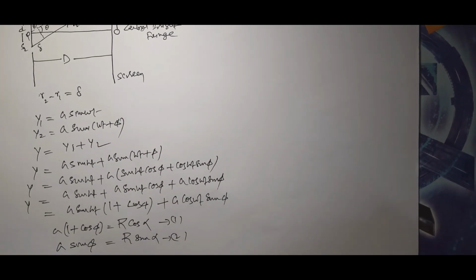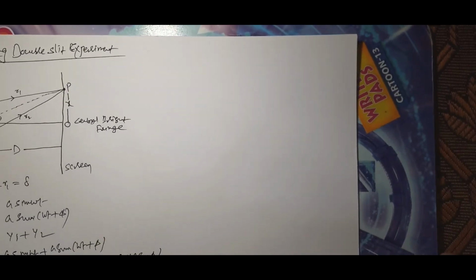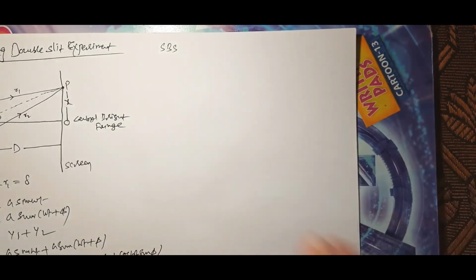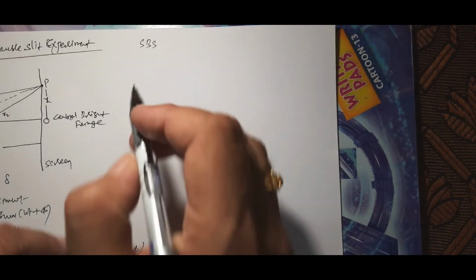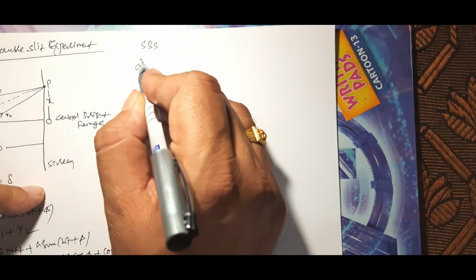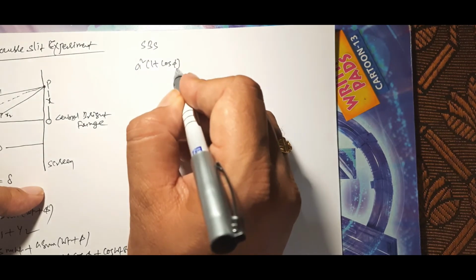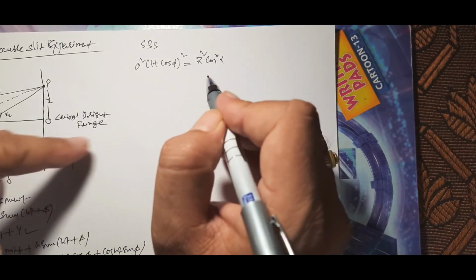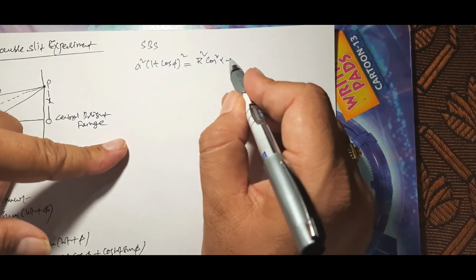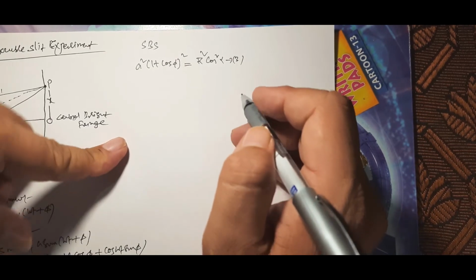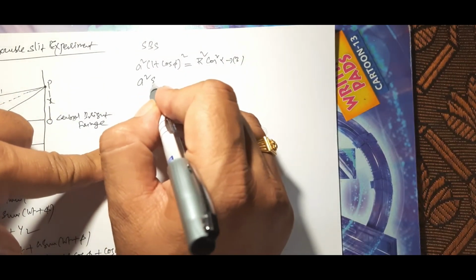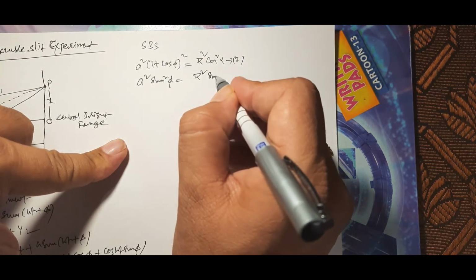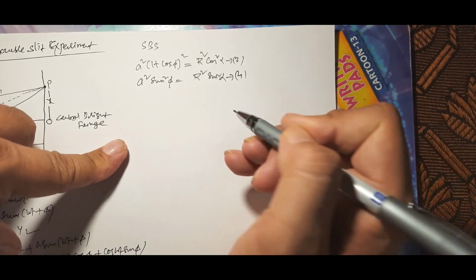Now squaring equations 1 and 2 on both sides, we get a² (1 + cos φ)² = R² cos² α, which is equation 3. And a² sin² φ = R² sin² α, which is equation 4.